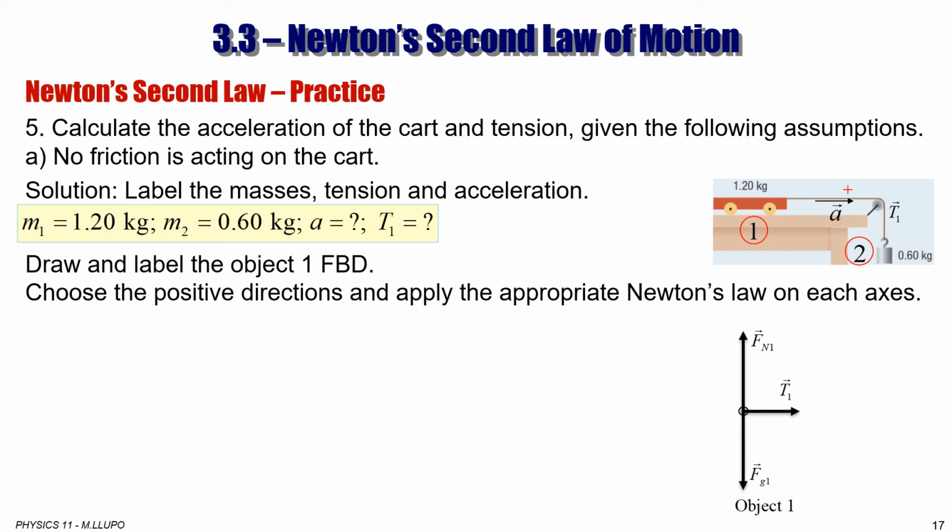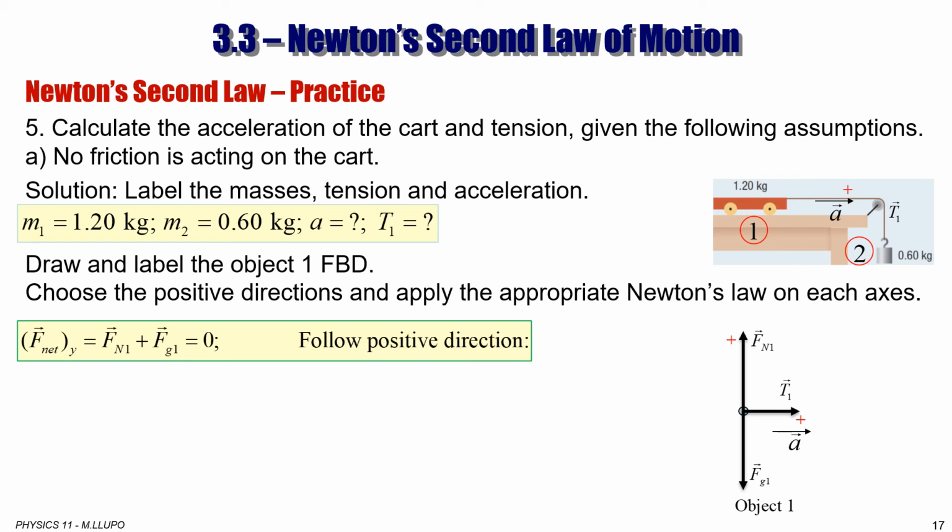Or you can apply Newton's second law when there is acceleration. So we can apply the first law on the y-axis, because the cart is not moving up or down, it's moving horizontally. So F net has to be 0.